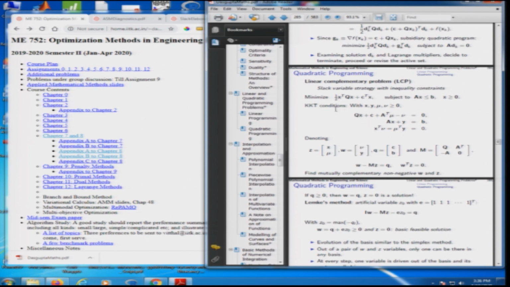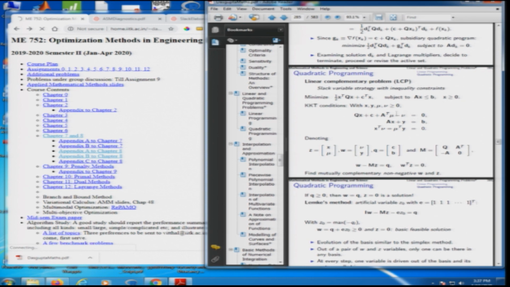Now, KKT conditions. If you find jumping to these KKT conditions immediately difficult, then I will show you the appendix here. First of all, make note that these are all positive. Why is x positive? Because that is the way the problem has been given or formulated.